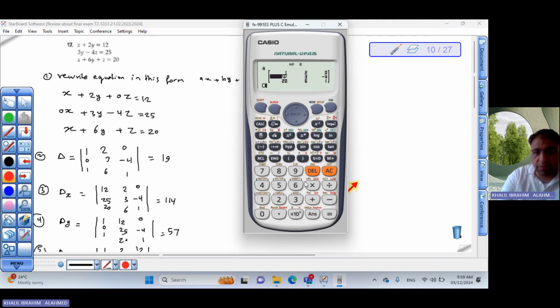Okay, go here 0. Yes. Okay, also here 1, as you see. Then change the element of the second row column by the constant numbers 12, 25, 20. Here 12, 25, sorry.